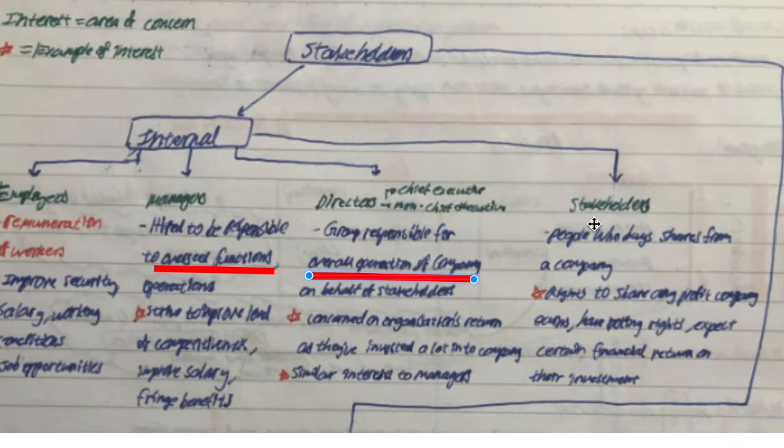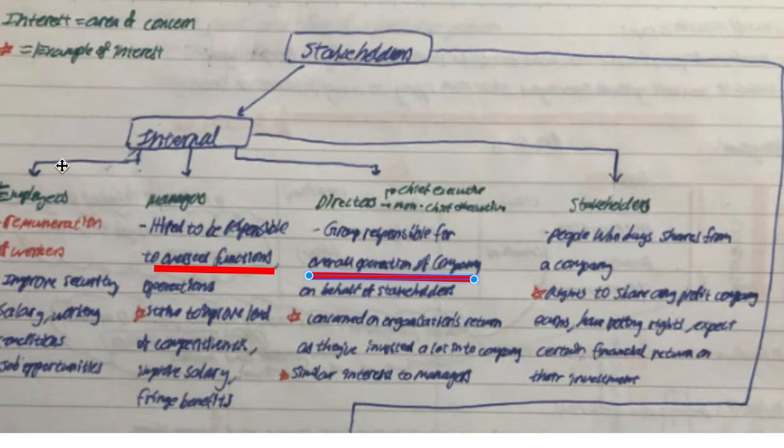But the main problem for shareholders is that their investment is all based on the yield of profit from the company. So if the company makes a loss, the shareholders will also make a loss. But if the company yields a profit, then the shareholders will also yield a profit, because the company is required to repay the shareholders once they decide to extract all the shares, or during their periodic payment.